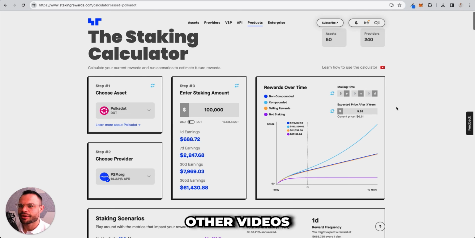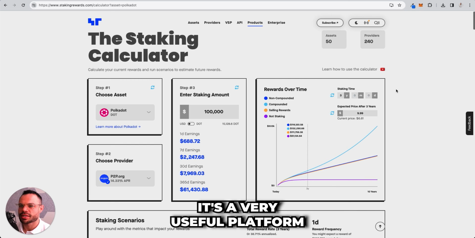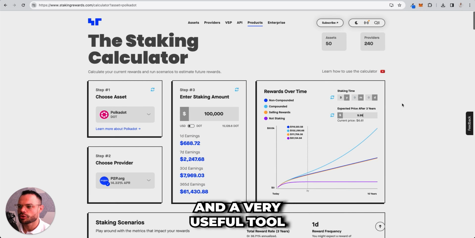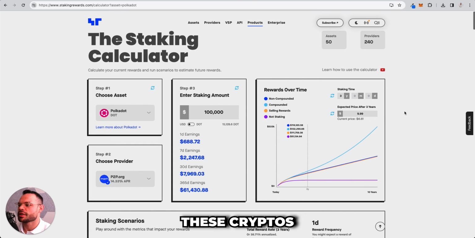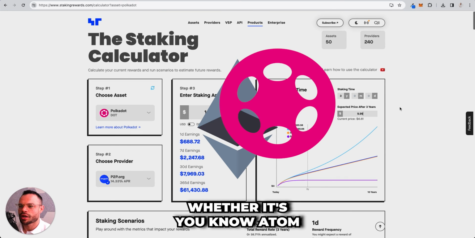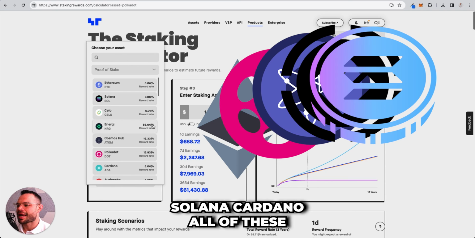We will be having other videos go into much more detail about staking and which currencies you can stake for the best rewards, but feel free to come over here to stakingrewards.com. It's a very useful platform and a very useful tool to begin to dip your toes into the staking waters and think about the rewards that you can be earning over time, especially if you're already holding a lot of these cryptos, whether it's Ethereum, Polkadot, Atom, Solana, or Cardano.